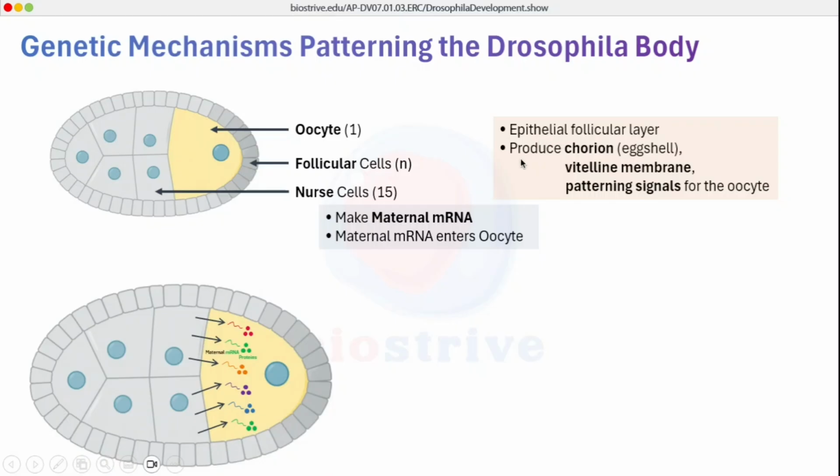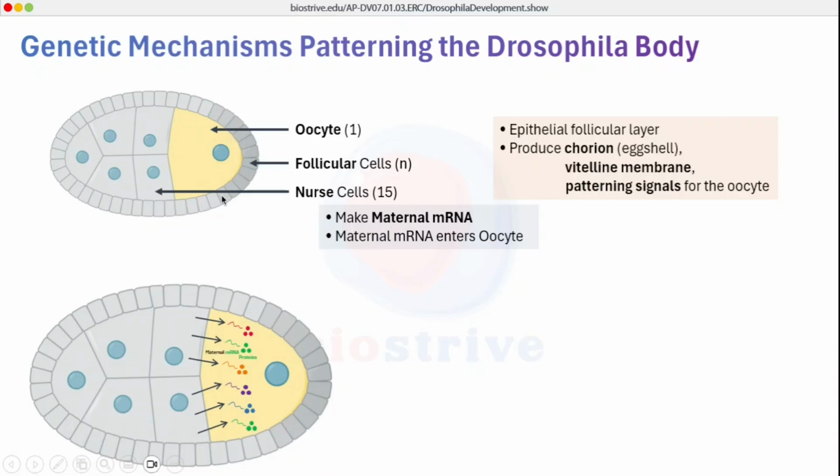They will produce certain substances, which are chorion, which forms the eggshell outside this whole structure, and they also secrete certain proteins, certain molecules which, along with chorion, act in the eggshell and make the vitelline membrane. So the outermost layer present is the vitelline membrane, and inside the vitelline membrane we have follicular cells, and these follicular cells will cover these 15 nurse cells and one specific oocyte.